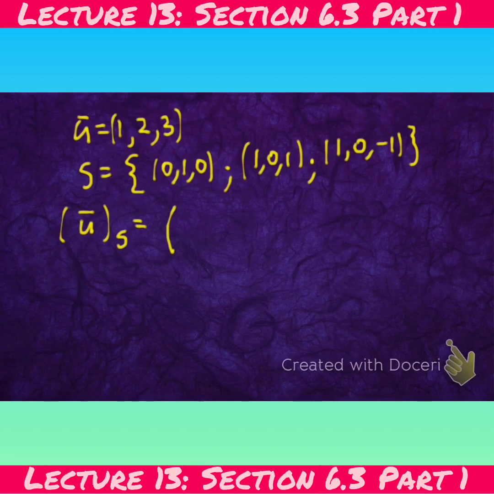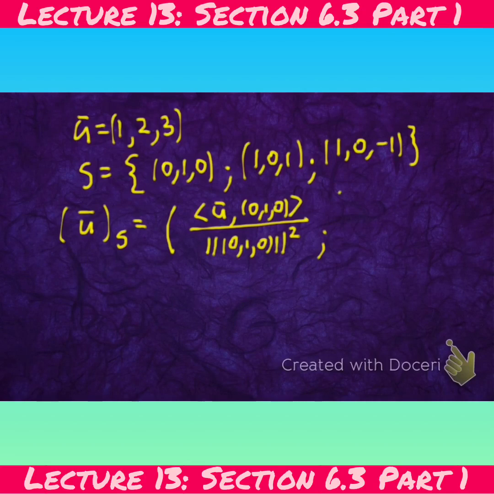It is going to be the inner product of U with the vector 0, 1, 0 divided by the norm of the vector 0, 1, 0 squared. Then it's going to be the vector U's inner product with the second vector in the list, which is 1, 0, 1.